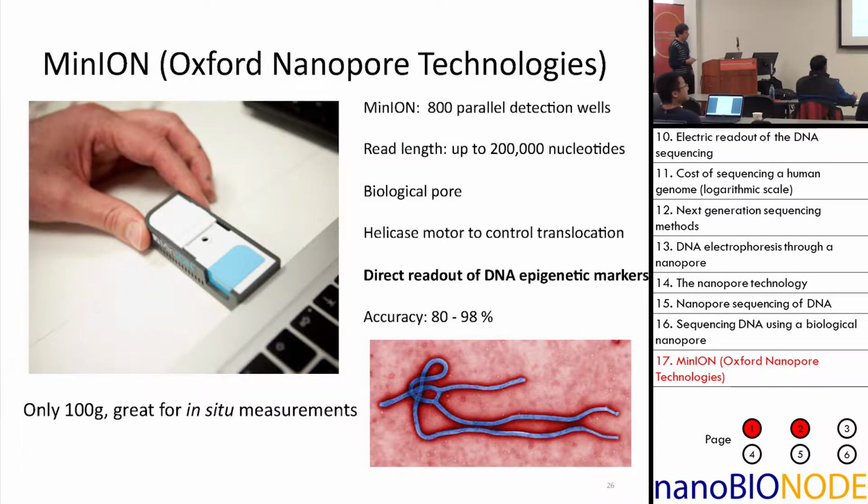And it's portable, so it's only 100 grams. You can take it in the field. People used it to sequence Ebola during the epidemic in Africa a couple of years ago, so they took it in the field. I don't think you can take an Illumina MiSeq in the field. That would not work. But still, there are issues with it.